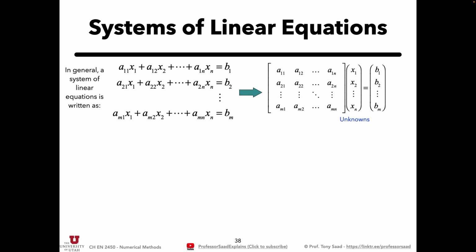This is a general way of thinking about systems of equations. The first row is equation 1, the second row is equation 2, and so on. Notice the first index on the coefficient corresponds to the equation number. All the coefficients in equation 1 start with A1 in the subscript, and all the coefficients in equation 2 have A2 in the first subscript.